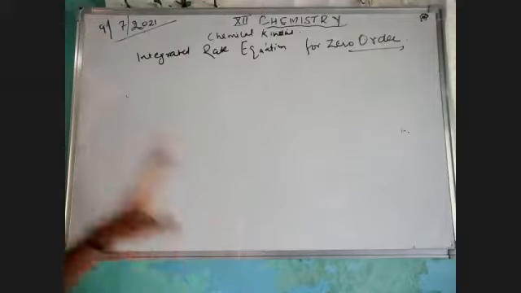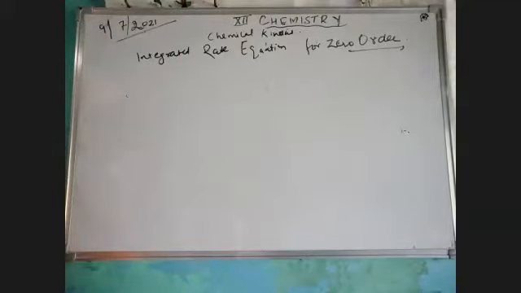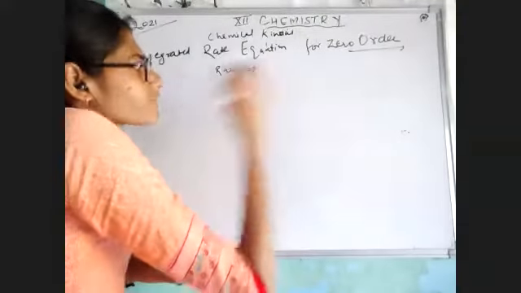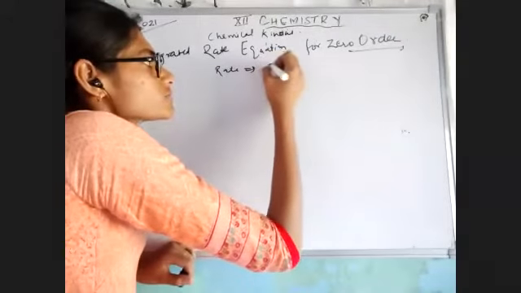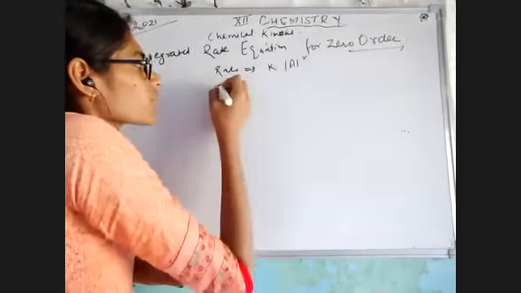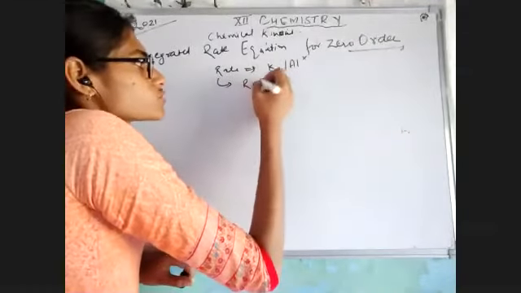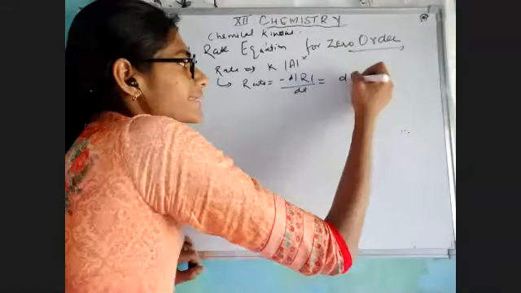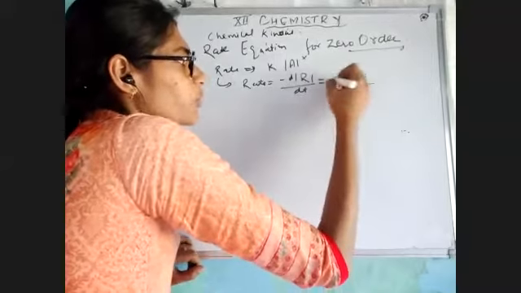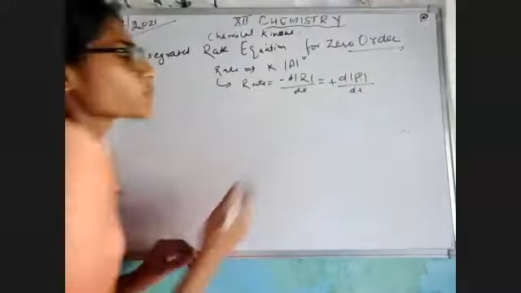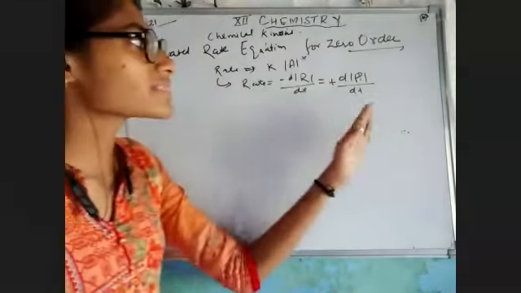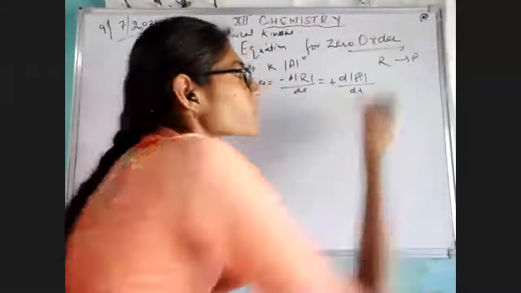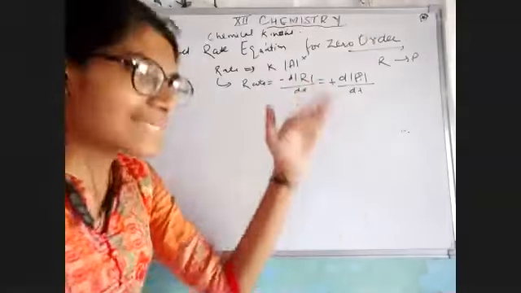So first of all, the question should be arising in your mind: why do we study integrated rate equation? Because we already know that rate is equal to k[A]^x, or I can say rate is equal to minus d[R]/dt equals d[P]/dt. Suppose the reactant is getting consumed and the product is getting formed. We already know that our reactant is converting into the product, and the reactant with respect to time is getting decreased.